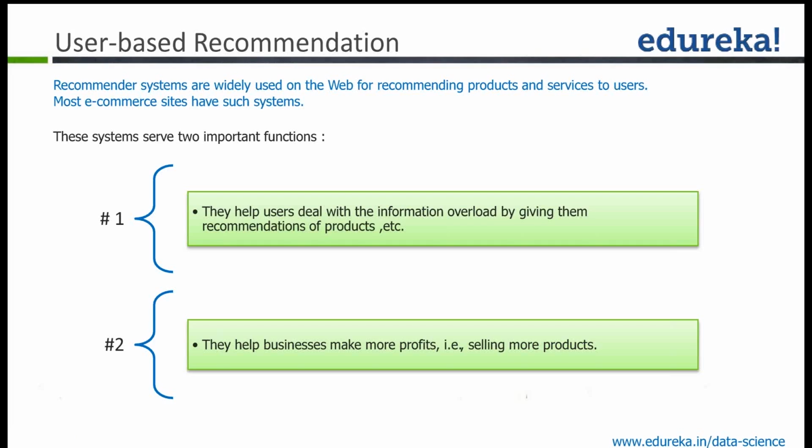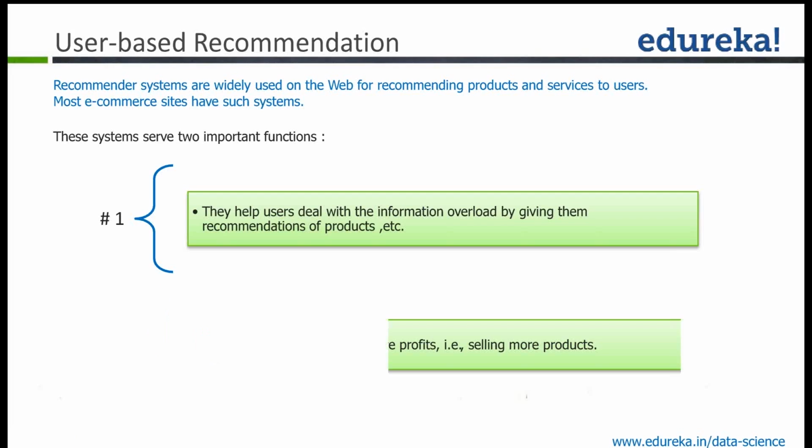Alternatively, there's another way of looking at a recommendation problem. There may be many other people in your customer base who are like Rajiv, which means in your customer base there will be multiple customers who have similar taste. And you can recommend certain products to a person based on what others are consuming, right?